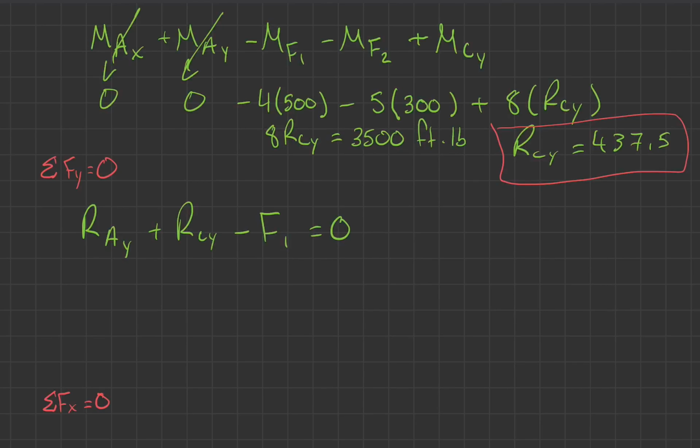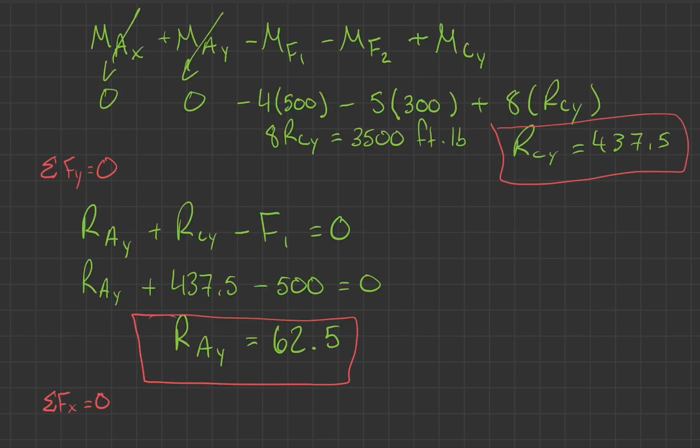We don't know what RAY is, so we just rewrite that. We do know what RCY is now. It's 437.5. And F1 just so happens to be 500. All that is equal to 0. So you do a little bit of math. You figure out that RAY is equal to 62.5. Okay? So now we've got our second external reaction force.